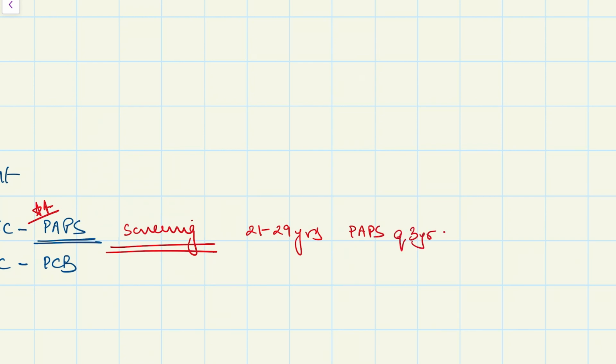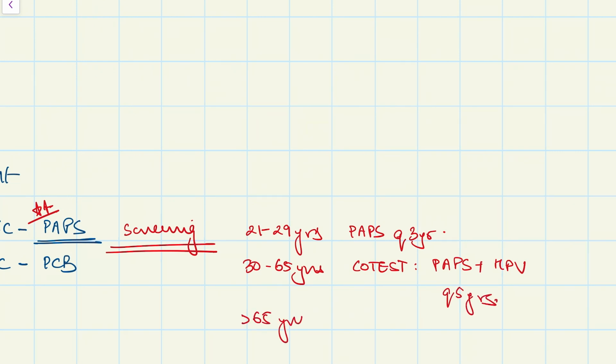For people between 30 to 65 years, co-test is done, that is simultaneous testing of Pap smear and HPV testing every 5 years. For people more than 65 years, only if there is history of CIN 2 or 3 present, then additional 20 years of testing can also be done.